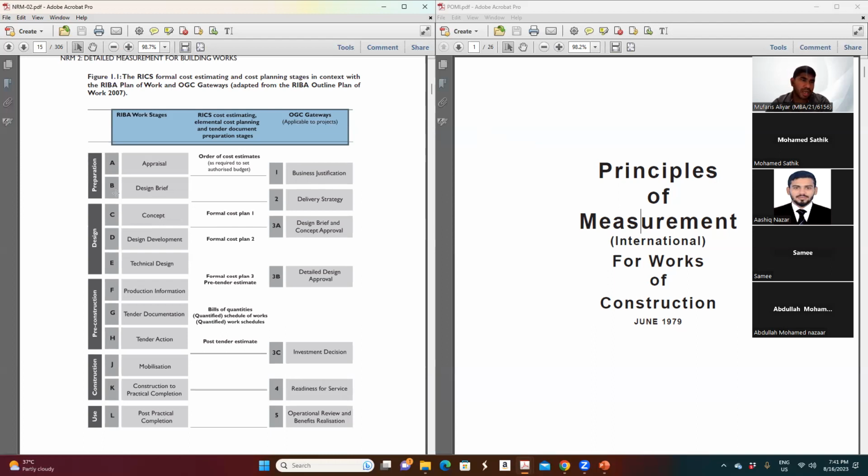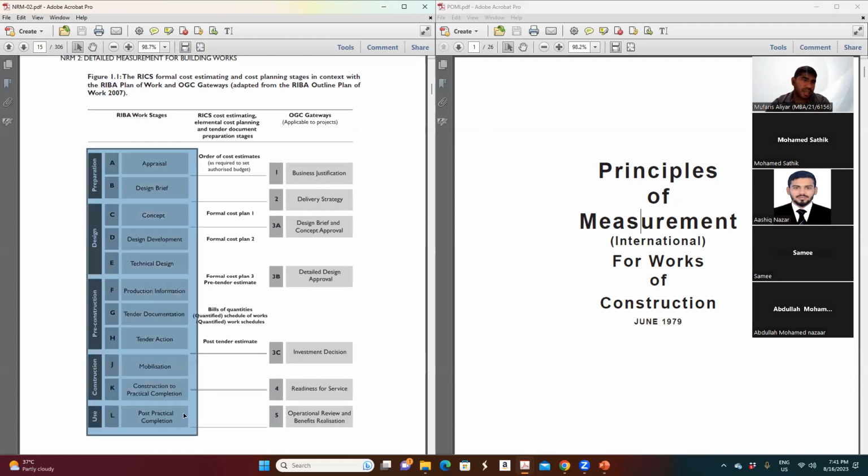So according to RIBA, they divided the building phases, not the construction, the building, for example, a development in the different phases. One is the preparation phase. The number one is here.